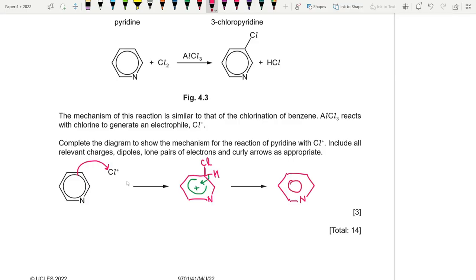Okay, so we get the ring back and we have the chlorine over here. And as a byproduct, we are going to get an H plus, okay? Perfect answer. So that's that. This is a 3-chloropyridine, yeah? Because this is carbon 1, 2, and 3. 3-chloropyridine.